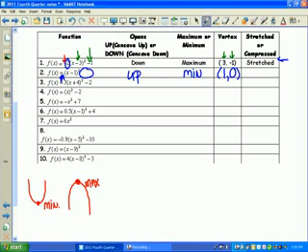For number 3, is it opening up or down? So since this 3 right here is positive, it's opening up. And to jump ahead, if it's opening up, that means it's a minimum. Is it stretched or compressed? Since it's greater than 1, that means it's stretched.